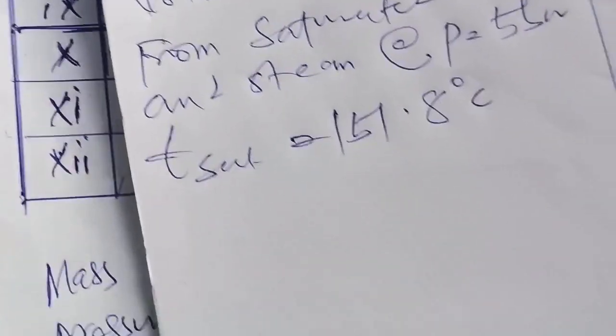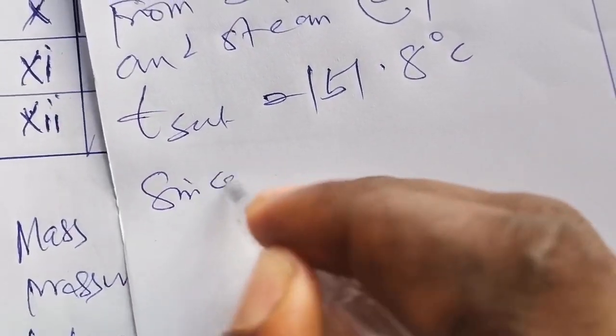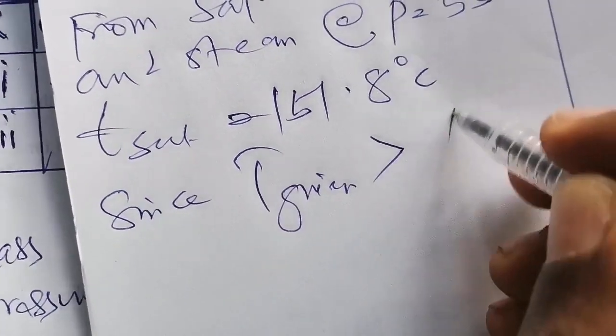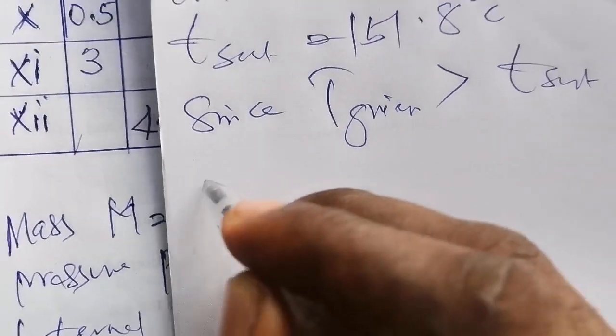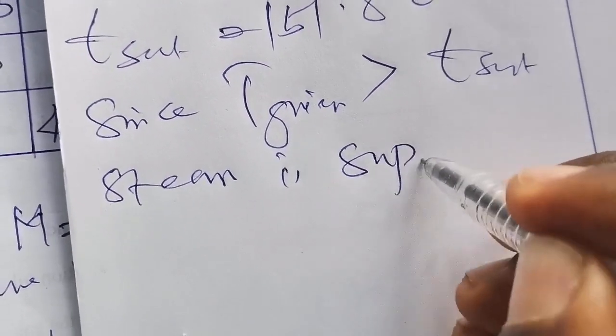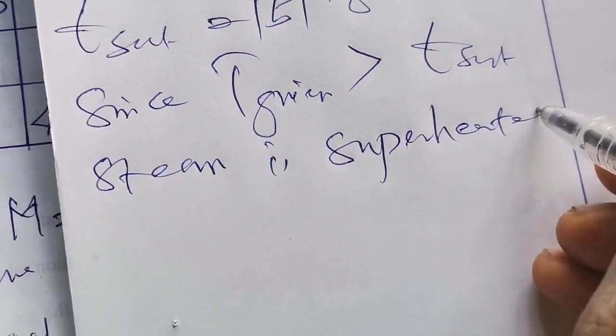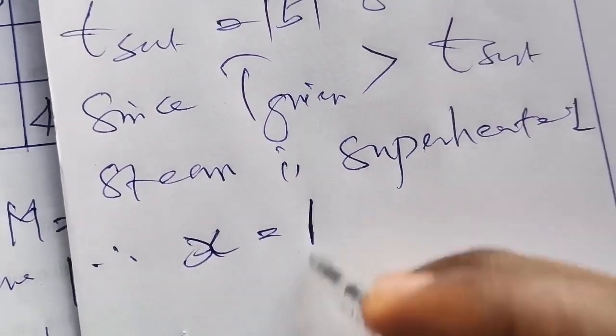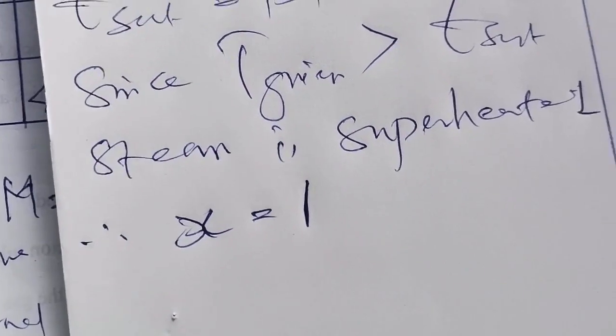Since the given temperature is greater than the saturation temperature, the steam is superheated, and therefore dryness fraction X is equal to 1 for superheated steam.